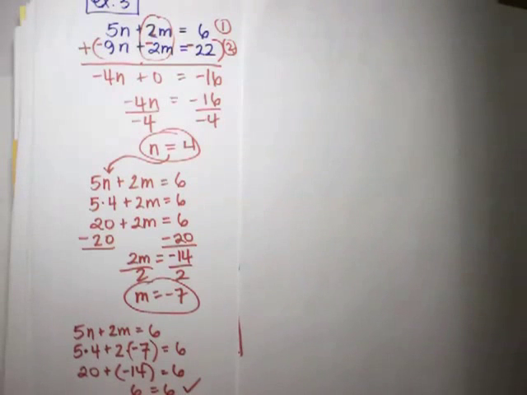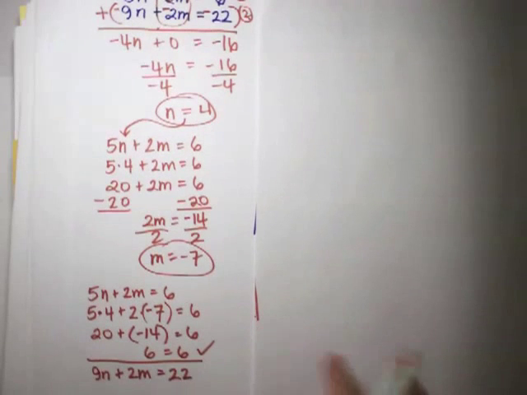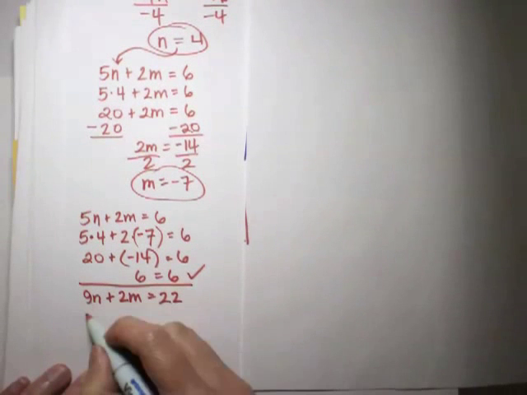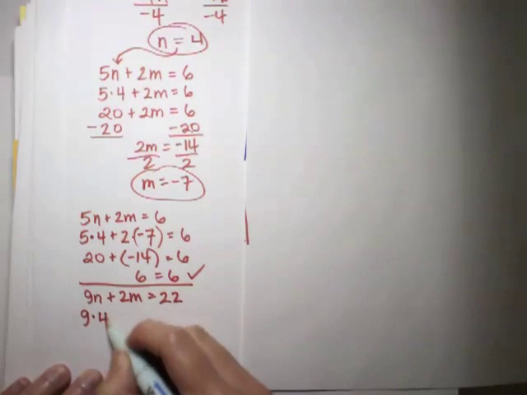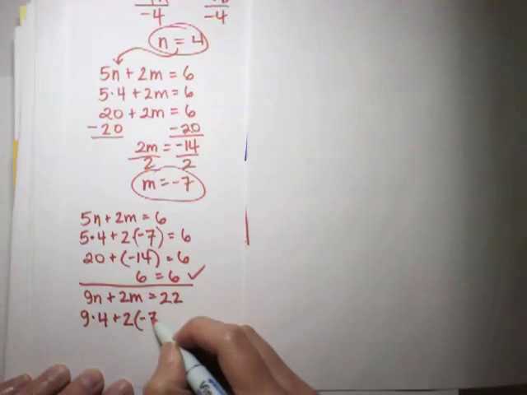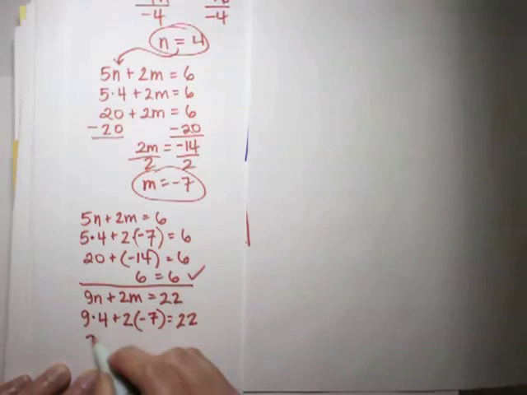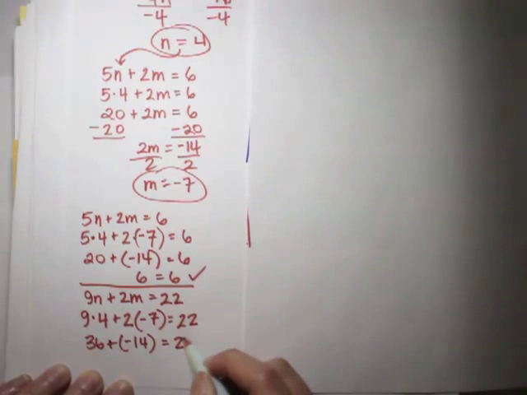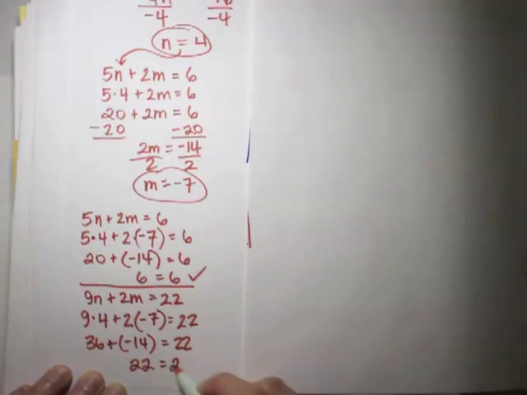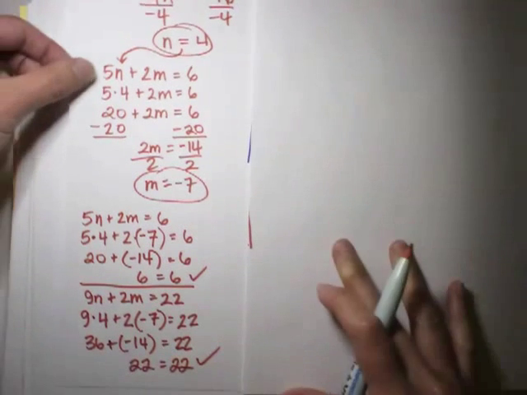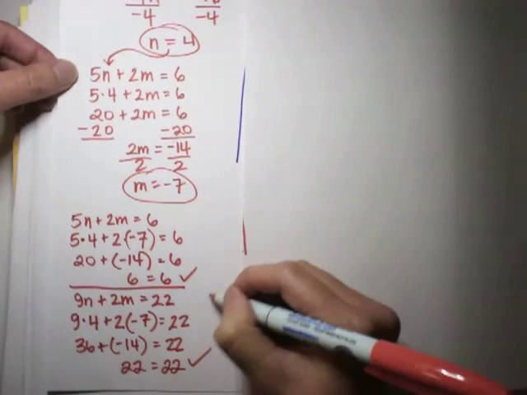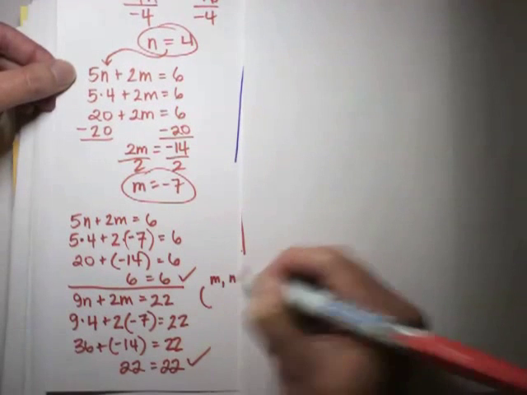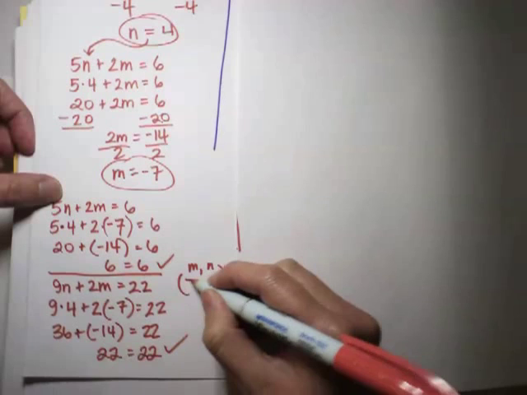We have 9n plus 2m is equal to 22. We substitute n is equal to 4 and m is equal to negative 7, and we get 36 plus negative 14 is equal to 22. And that checks out. So now we can write our solution for m and n as negative 7, 4.